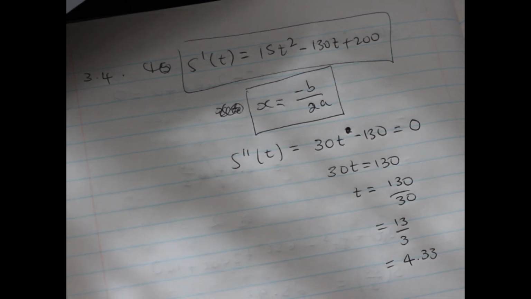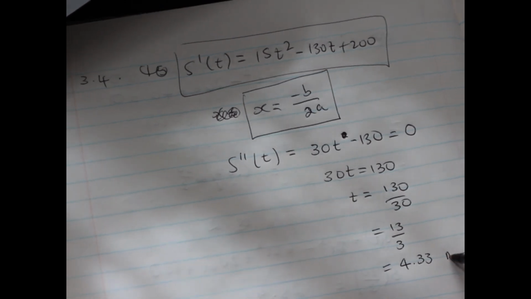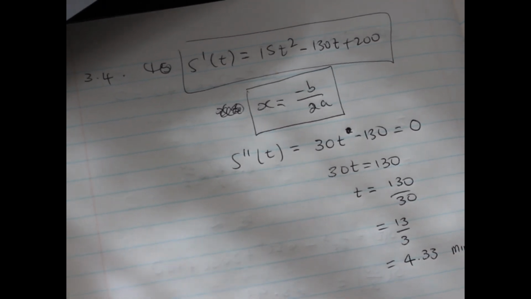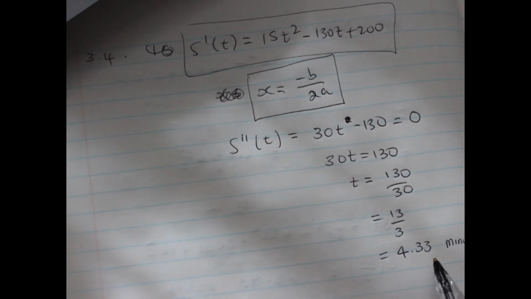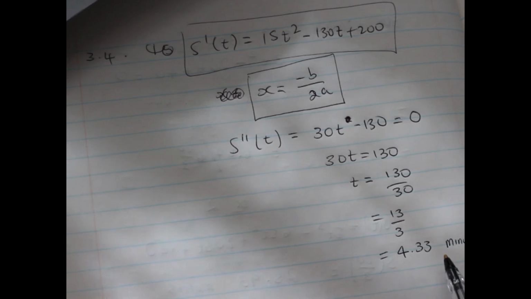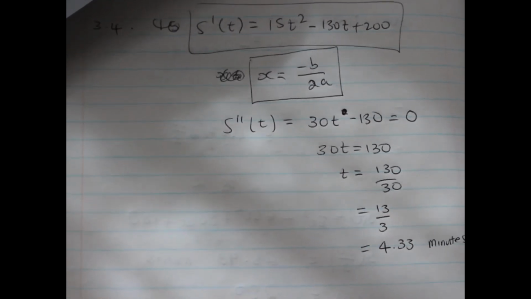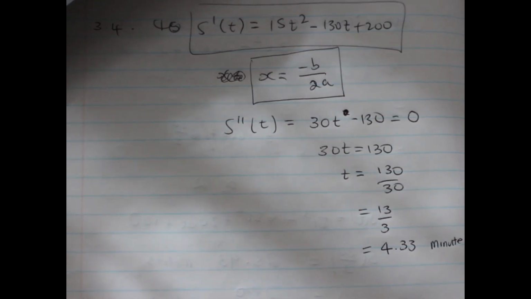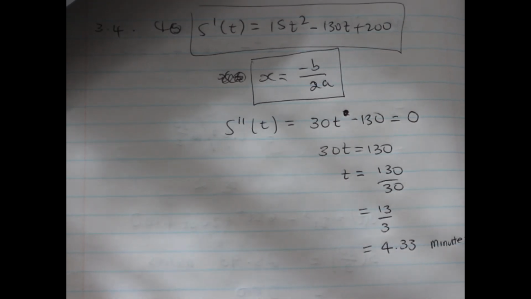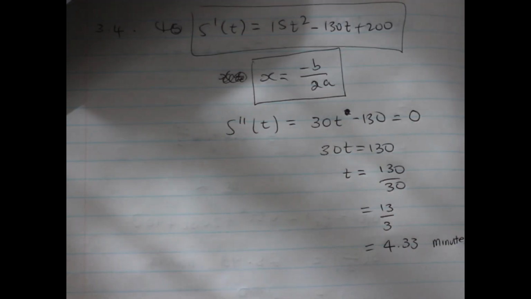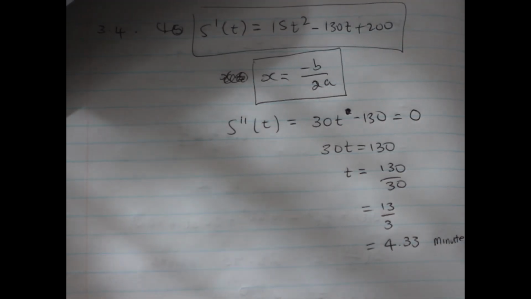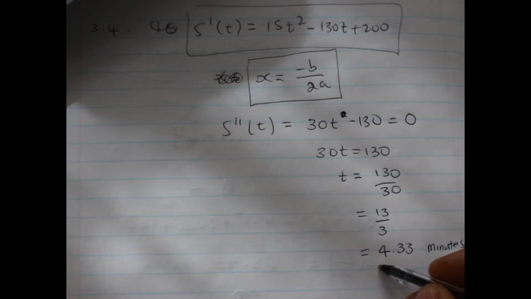Okay, so that is how long it's going to take after the journey has started, for our function to be at minimum. In other words, for the rate of change to be at minimum. Okay, for us to achieve the lowest possible rate of change. So it's never gonna go any lower than this.